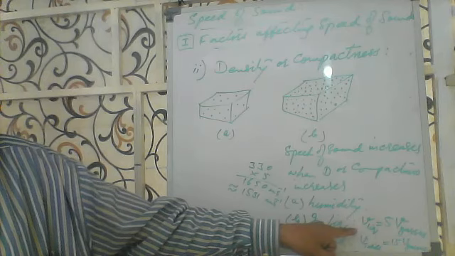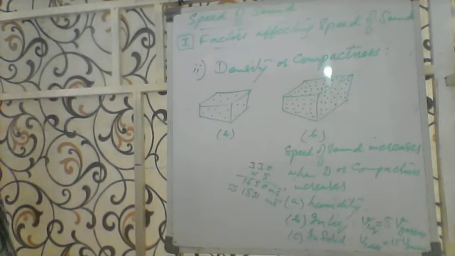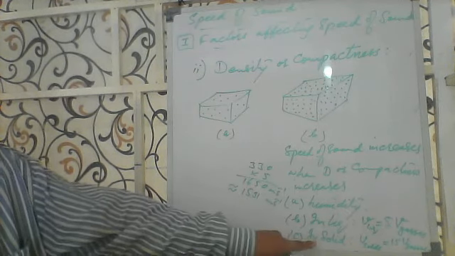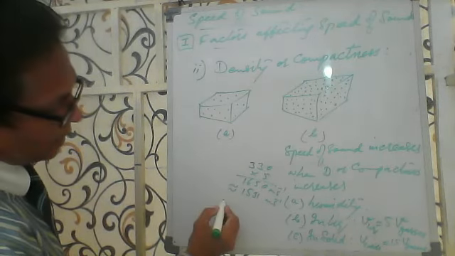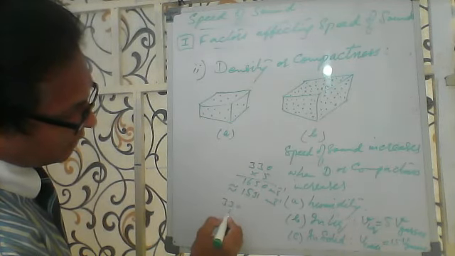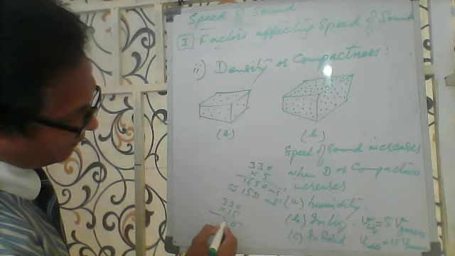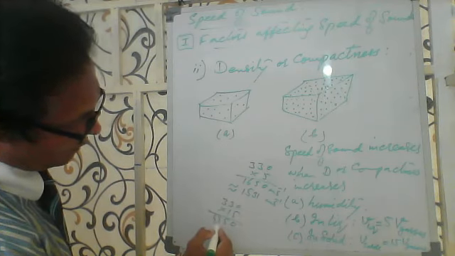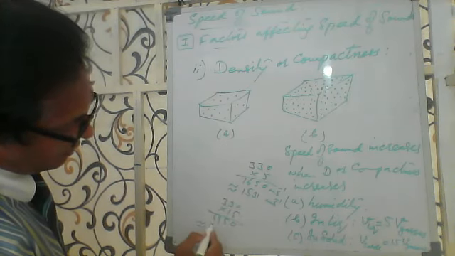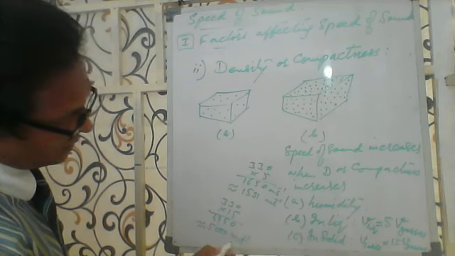In liquids it will be 5 times the speed of sound in gases, and in case of solids it is 15 times. For example, you may say 330 multiplied by 15 gives approximately 5000 meter per second.